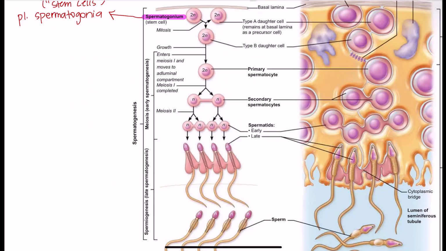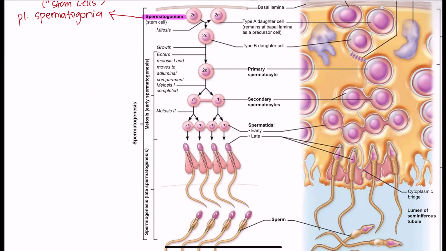But the other cell that gets produced during that division event is a type B daughter cell. And a type B daughter cell will become a primary spermatocyte. That is a cell, primary spermatocyte, that will become sperm.